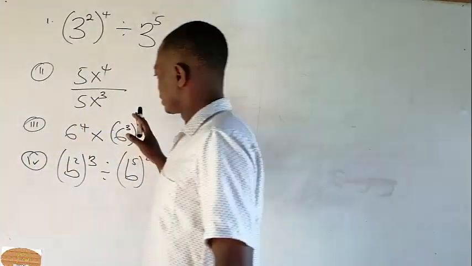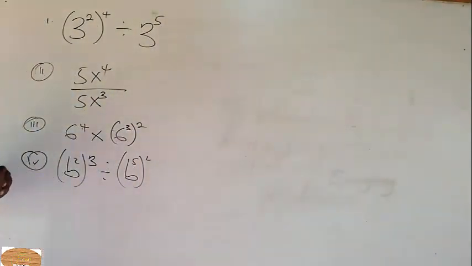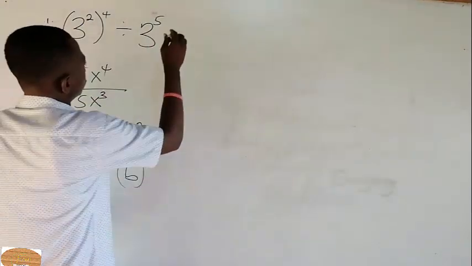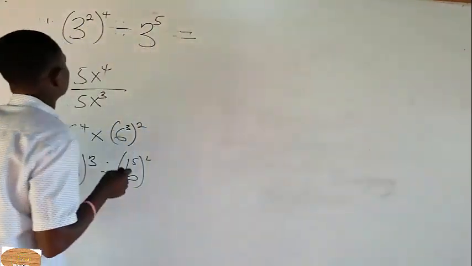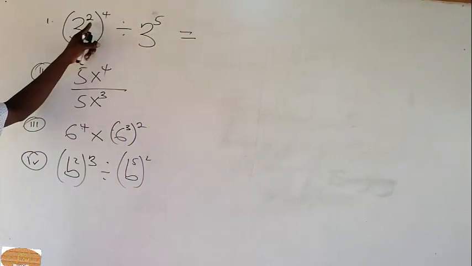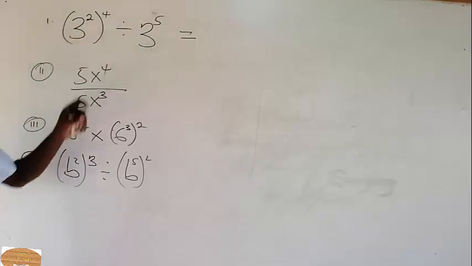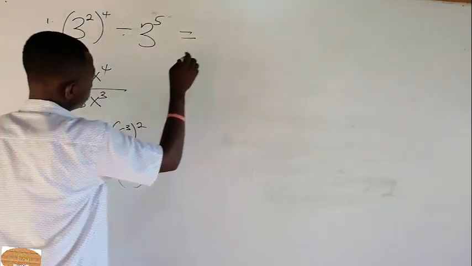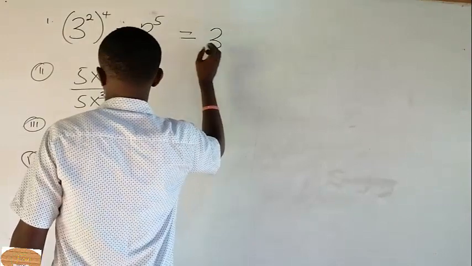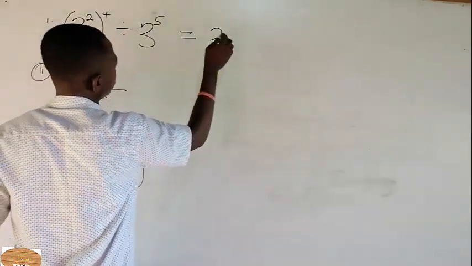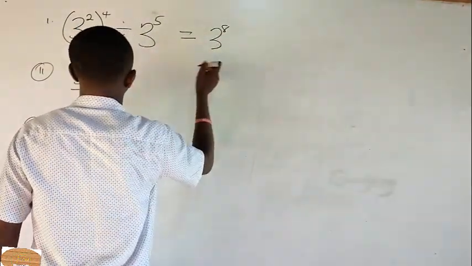Now let's consider this example, which uses the third law. We have 2 to the power 3, all to the power 4, divided by 2 to the power 5. This one is the same as 2 to the power 3 times 4, which is 12.